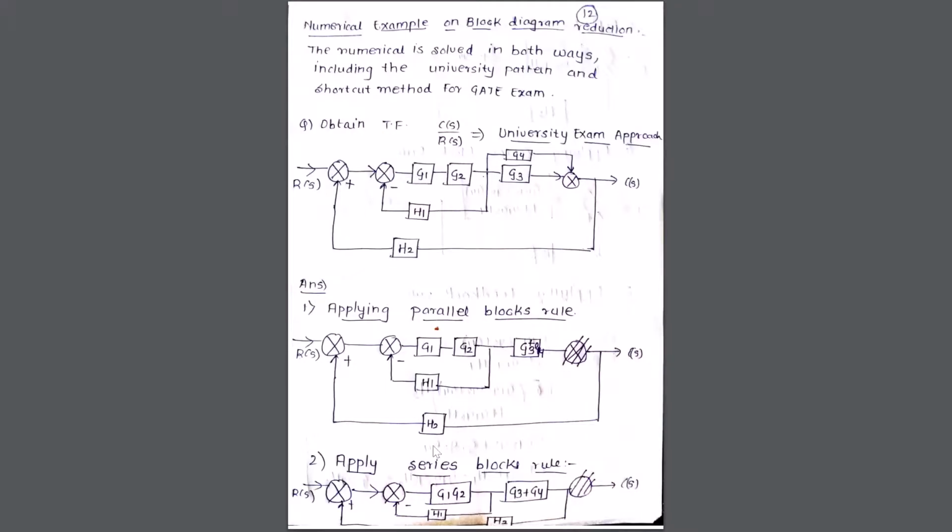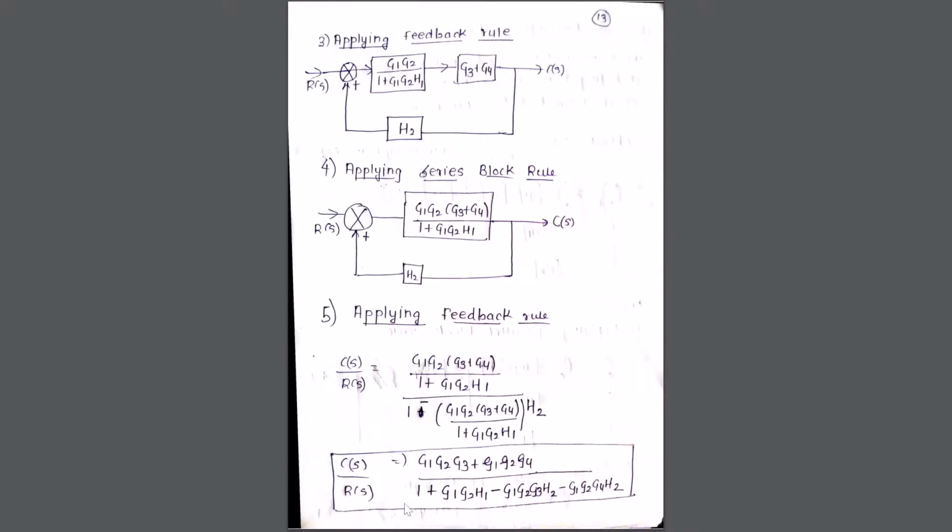That is 1 plus because we have a minus. We always use the opposite sign. Again, you are going to multiply this series block rule, this into this. Again, you are going to have a feedback rule in which we are going to have this upon 1 minus, sorry, because we have a plus, this into this.